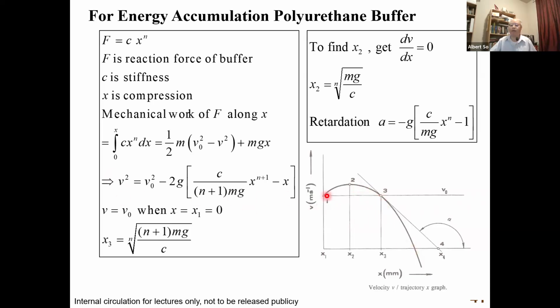And that can be plotted by this formula, right? And then for the retardation, you use the V dV/dx and put X3 there, and you get this. You can derive it yourself, see whether I made any mistake. And this is energy accumulation. So remember, the energy stored inside the spring or the buffer is equal to the loss in kinetic energy and the loss in potential energy, right?